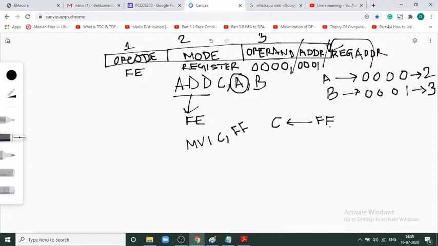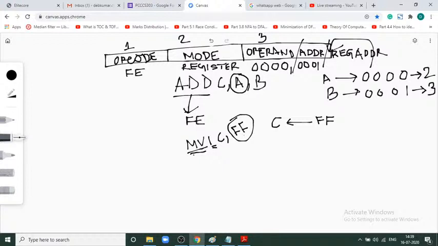MVI stands for move, I for immediate. So we are immediately supplying the data FF. So FF data is explicitly defined in this instruction. FF is a data, it is a hexadecimal data.